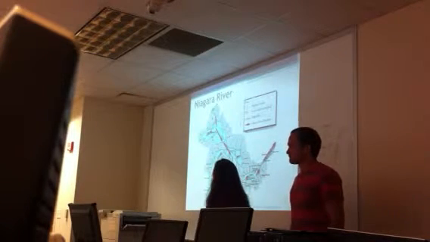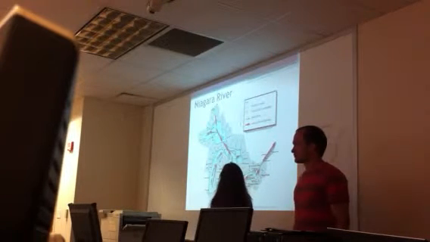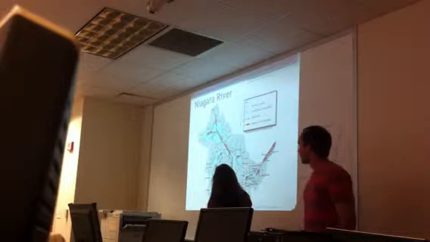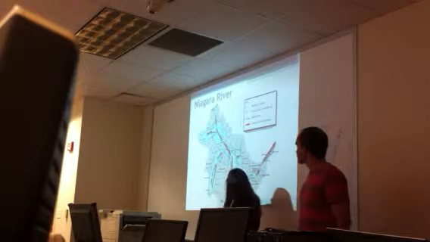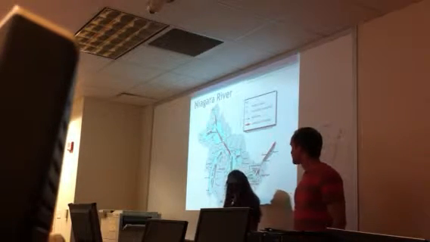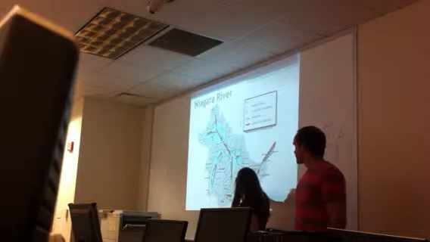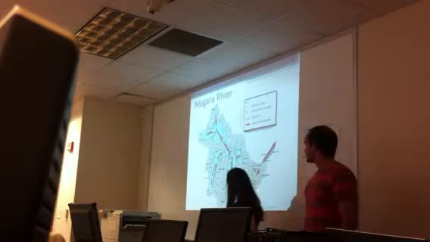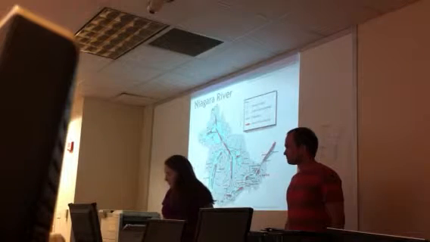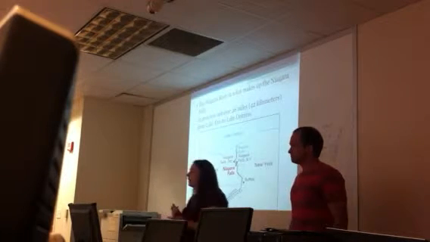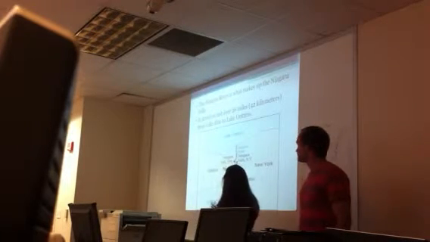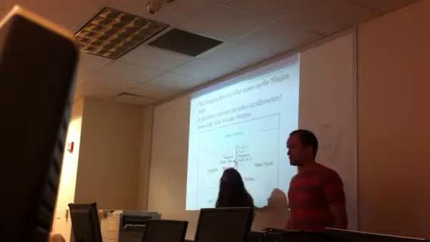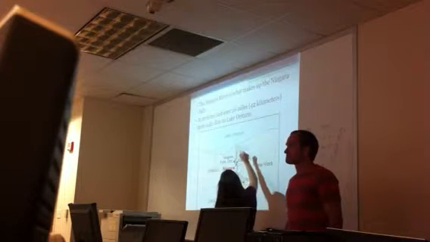We decided to do a little research on the Niagara River. This is pretty much an overview of all the Great Lakes, and here's where Lake Erie starts running into the falls and then on into Lake Ontario. The Niagara River is what makes up Niagara Falls, of course, and it runs from Lake Erie all the way into Lake Ontario.